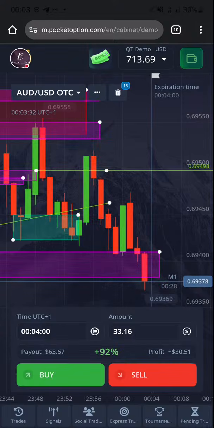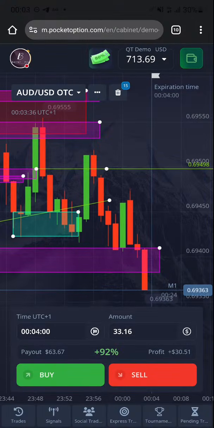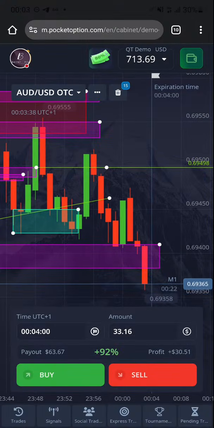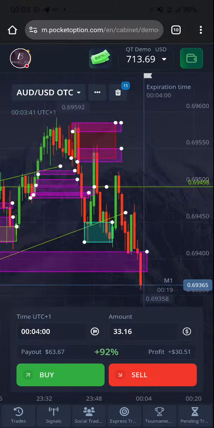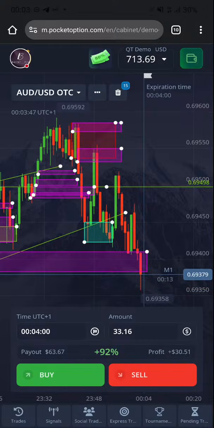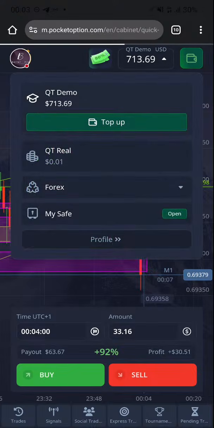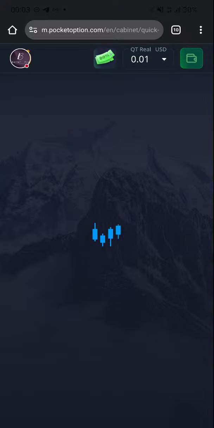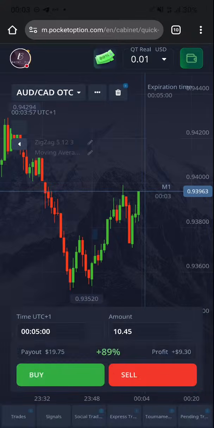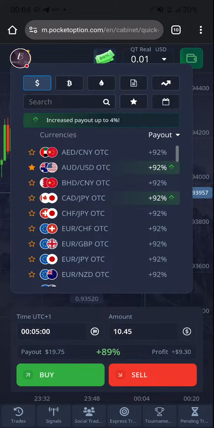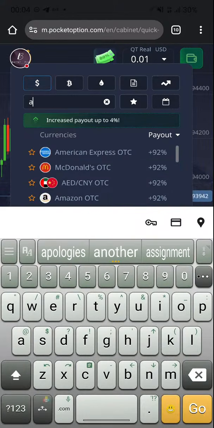Now, somebody will say, but it works in the demo account, how are we sure it will work in the real account? The demo account and the real account, the charts are the same actually. They are not different from each other. Look at this AUD USD. If you go to AUD USD on the real account, you will see it's the same charts. Let's look for it.